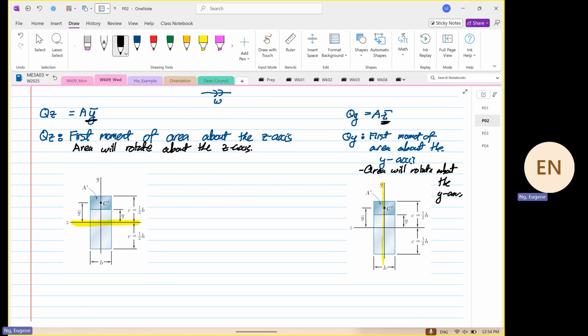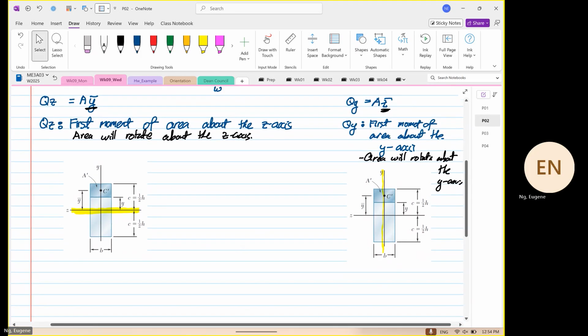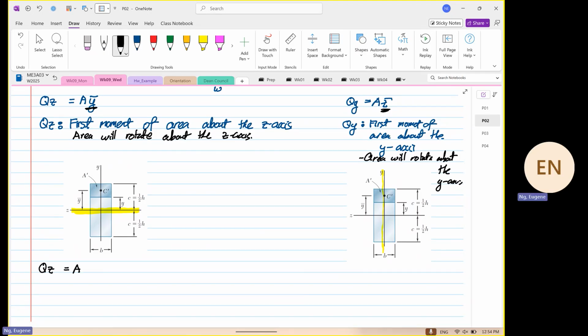Okay. So now we are going to find Qz, which is equal to A y bar. What I like to do is go by the width, depth, y bar. So I repeat again, this is my width, and this distance is my depth. Okay. So what is the width?